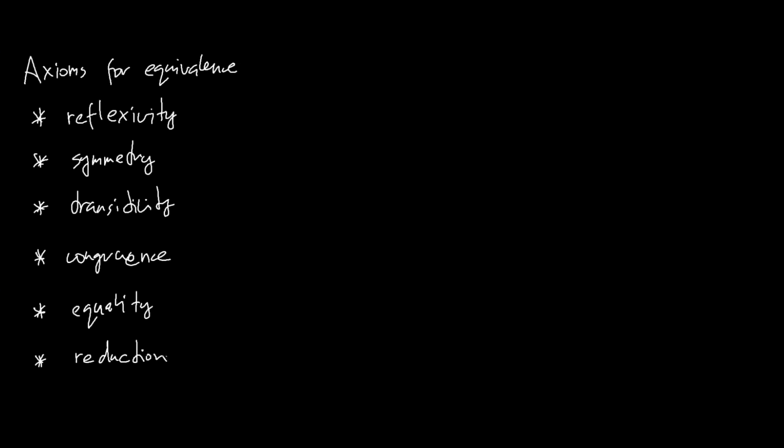So let's briefly draw pictures for each of these. What is reflexivity? Reflexivity tells you that anything will be equivalent to itself. So if I've got a path of morphisms, it will always be equivalent to itself. And symmetry means that you can swap the order around. So let me call this path F, and let me call that path F as well.